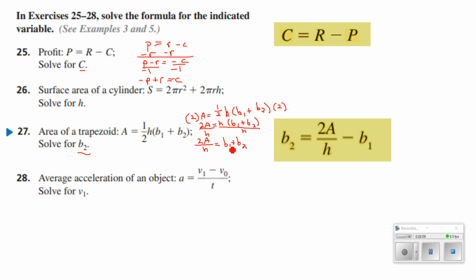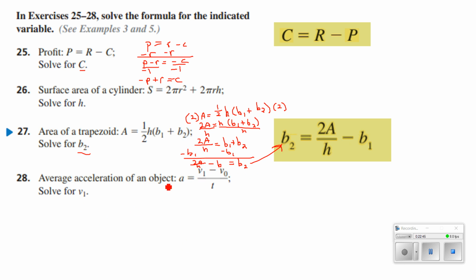Next, we're going to subtract B1 away. And whatever I subtract from one side, I do to the other. As you can see, B2 is left all by itself. And we have 2A divided by H minus B1 on this side. And there we go. B2 equals 2A divided by H minus B1.